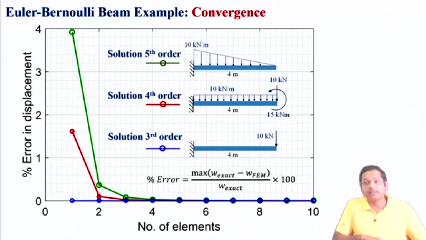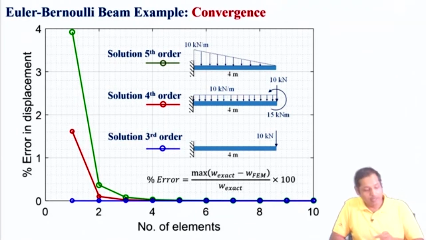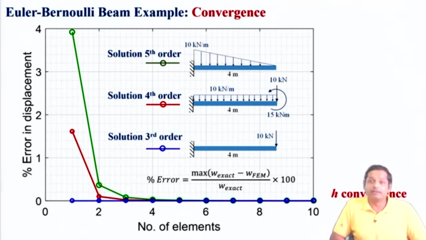So this convergence is achieved by continuously reducing h, and that's why this convergence is called h convergence. There is another convergence which is called p convergence, but let us not bother about p convergence right now. We will see that convergence as well. So this is important.